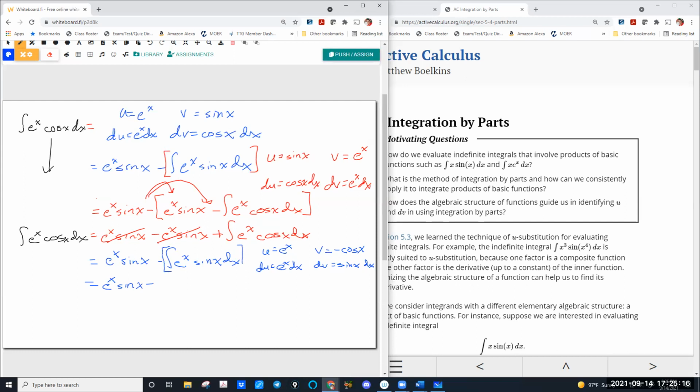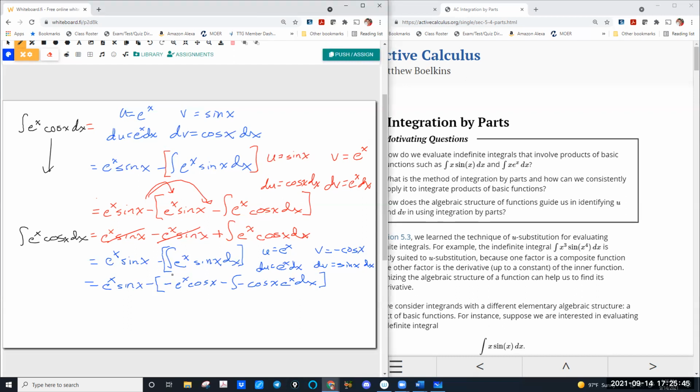I just want you, when you go back to look at this, to see how things correspond. Now this is for the integration by parts here. Now this is a negative e to the x cosine x. That's the uv minus the integral of v du. So negative cosine x e to the x dx.